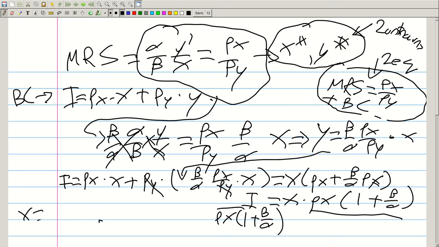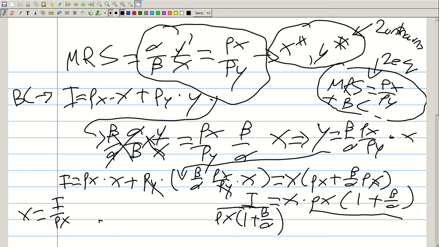That gives me x is equal to I over px. And then I notice that I have 1 plus beta over alpha in the denominator.